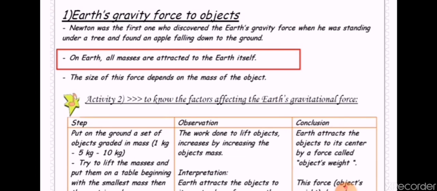What happened? Then he proved that the masses are attracted towards the earth itself by a force. This force is known as the Earth's gravitational force, and this force depends on the masses of the objects.